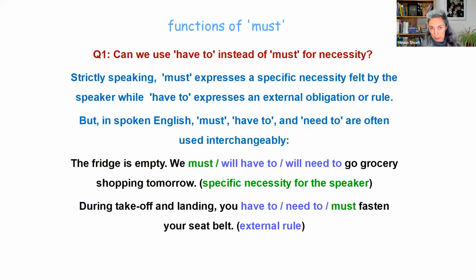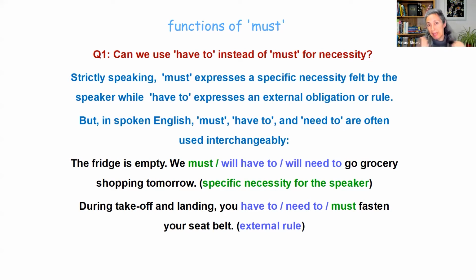Now, strictly speaking, grammatically speaking, must expresses a specific necessity felt by the speaker, whereas have to expresses an external obligation or rule. But in spoken English, this is the good news, in spoken English, must, have to, and need to are often used interchangeably in the positive sense.